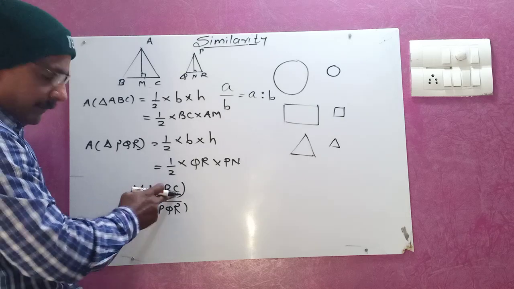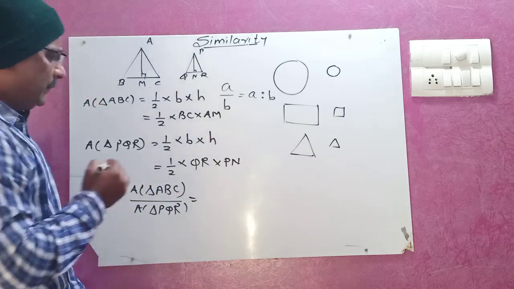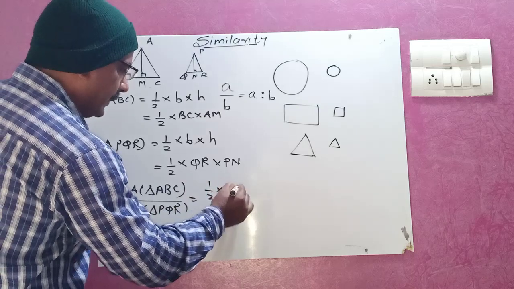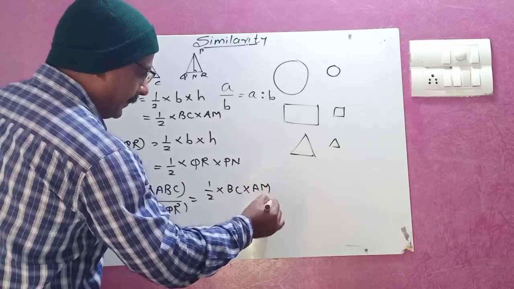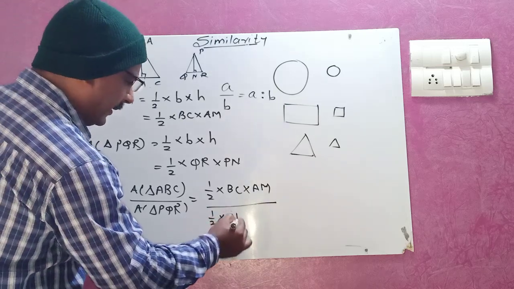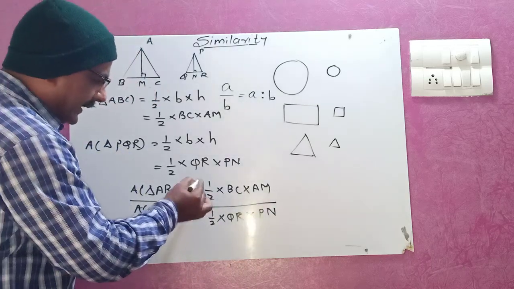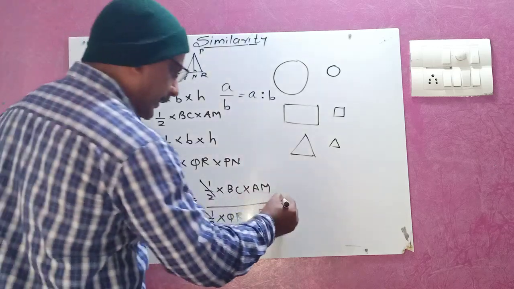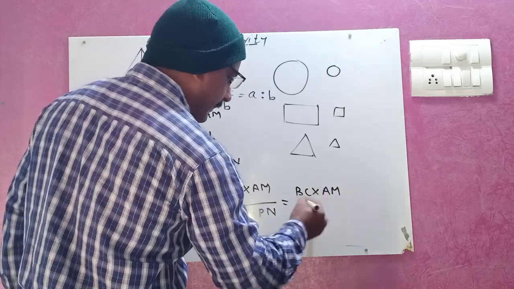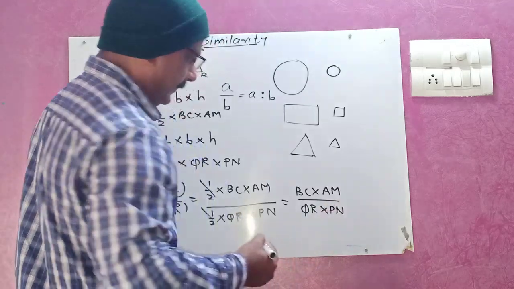So area of triangle ABC ratio area of triangle PQR is equal to half into BC into AM upon half into QR into PN. You can see these two get cancelled. So what you got here? You have BC into AM upon QR into PN.